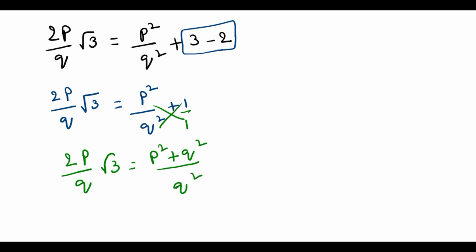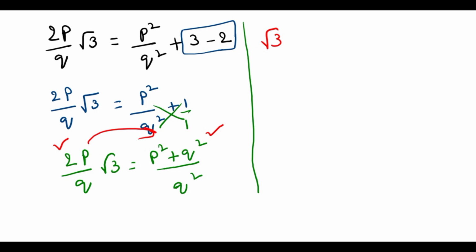Now just focus. The left hand side is an irrational term, and the right hand side is a rational term, there is no root in it. The 2p by q we can also transpose from here to there, then we get its reciprocal.